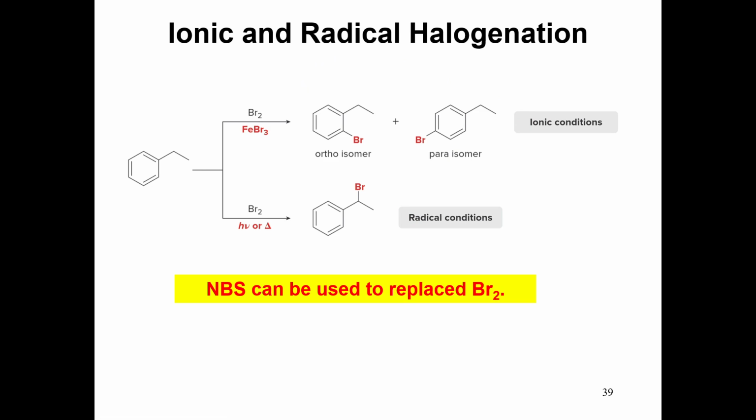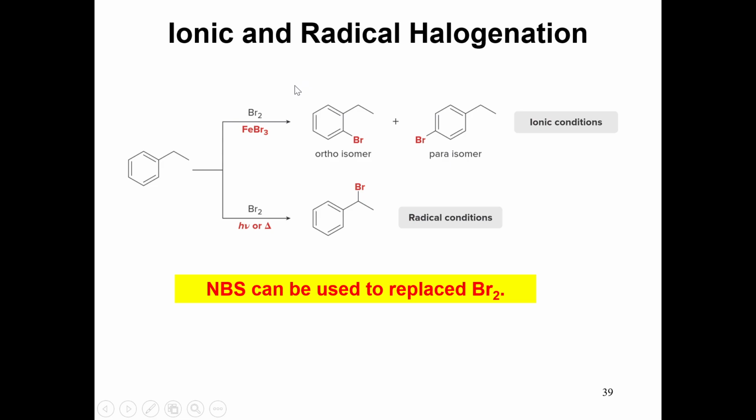An electrophile basically is a molecule that bears a positive charge. So the catalyst iron bromide here actually helps us to generate an electrophile, that is a molecule bearing some positive charge.